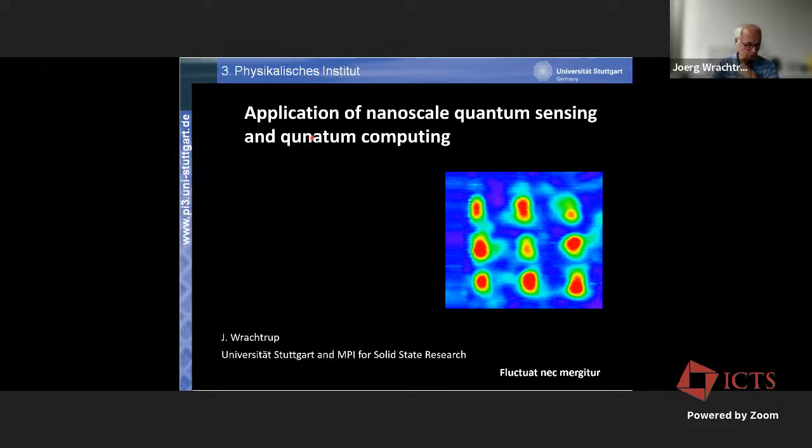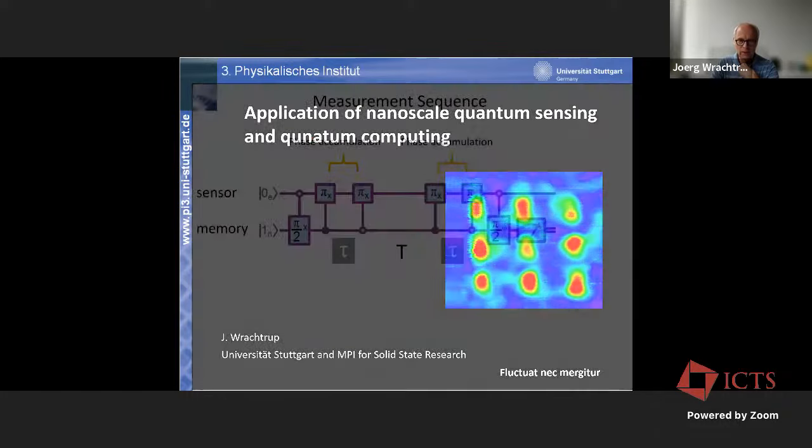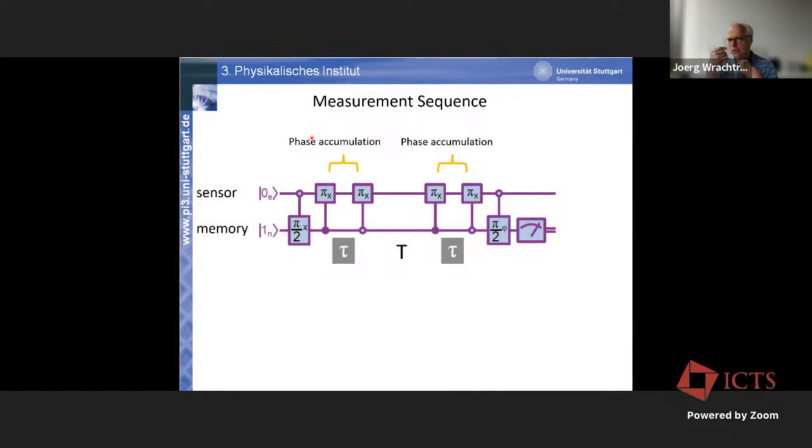All right, so without further ado, as we are running late anyway, let me pick up where I ended last time. On Monday, I was telling you how we use multiple qubits for quantum sensing to enhance spectral resolution. And the story was that the sensor we are using in our system is an electron spin.